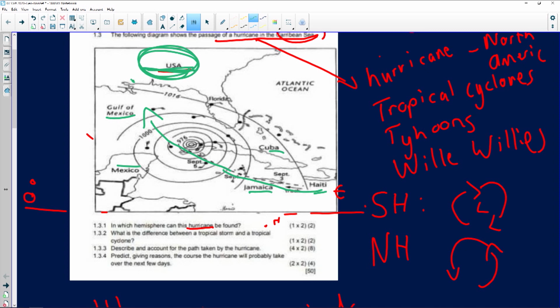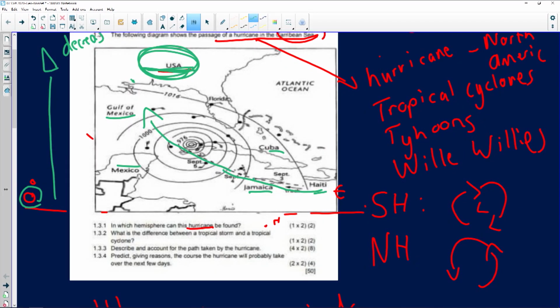So eventually, if this is the equator situated over here, what happens with temperatures if we move away from the equator? Temperatures decrease. All the way from 0 degrees up to 90 degrees, the polar regions are ice cold. We experience much colder temperatures at the polar regions.